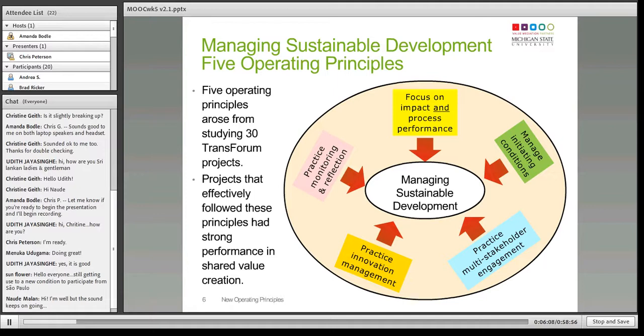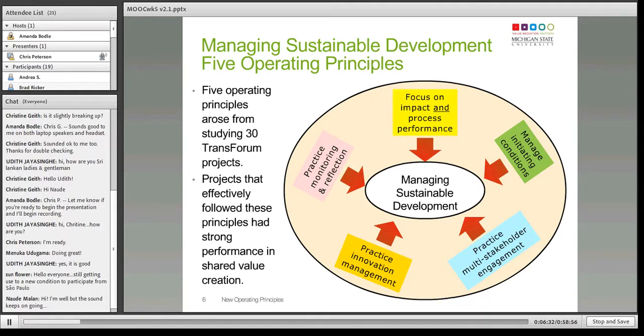You must carefully manage the initiating conditions of any sustainable development project. You've got to practice multi-stakeholder engagement every day in every way within such projects. In addition, you have to practice innovation management, because innovation is central to success.